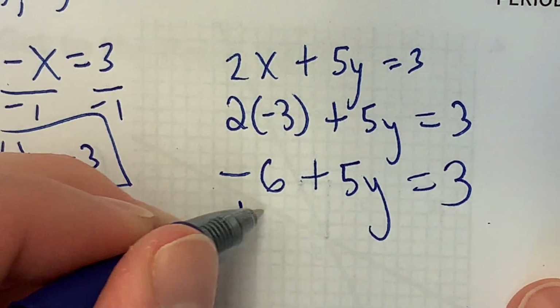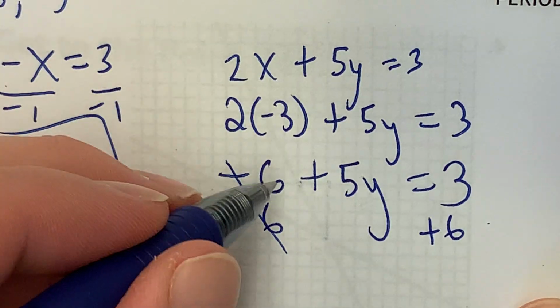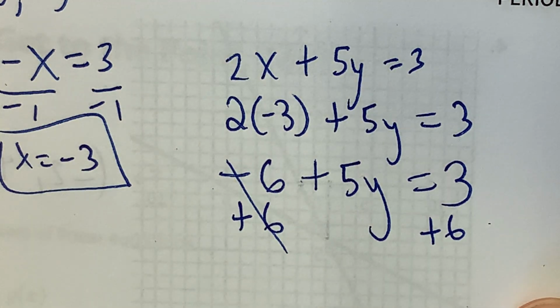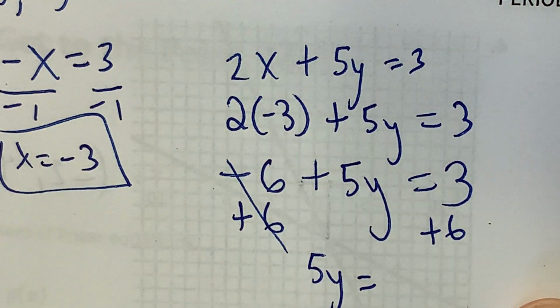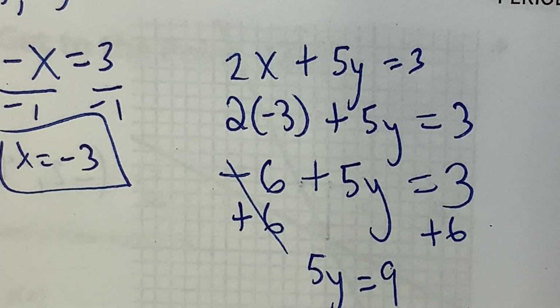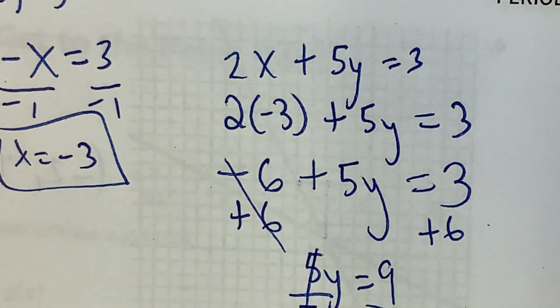And you're going to add 6 on both sides. And you're getting 5y equals 9. Divide by 5, 9/5.